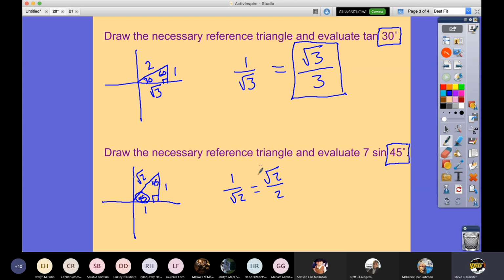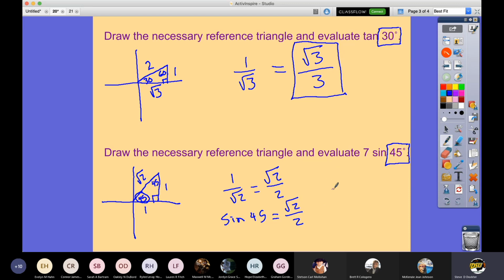Now, this is what sine of 45 equals. So sine of 45 equals square root of 2 over 2. That's what we figured out with this triangle here. We need to figure out what 7 times sine of 45 is.